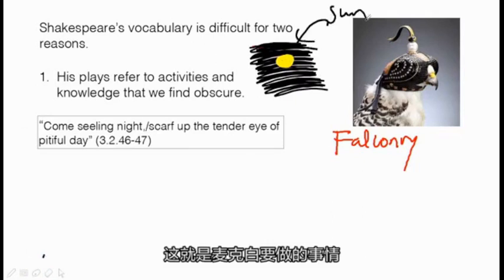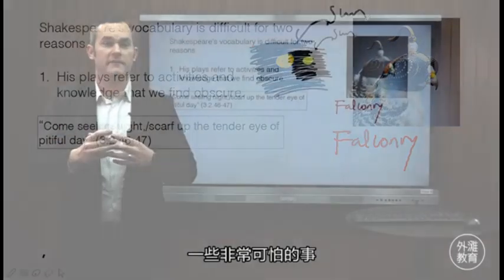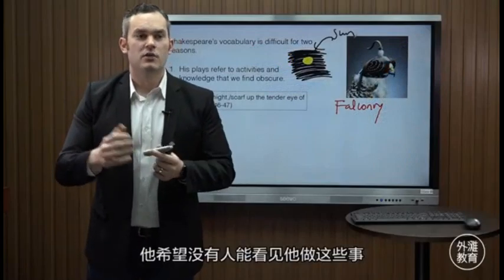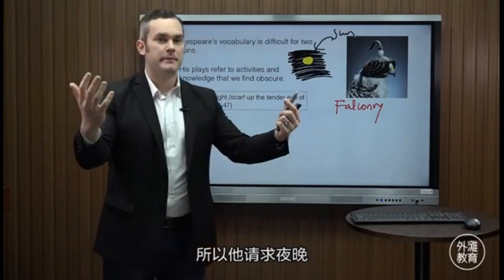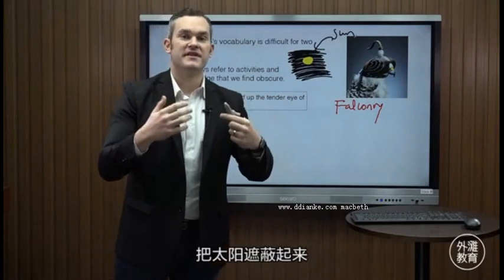This is the sun. And Macbeth is about to do something very terrible, and he wants no one else to be able to see it, so he's asking the nighttime to fall and to cover up the sun.